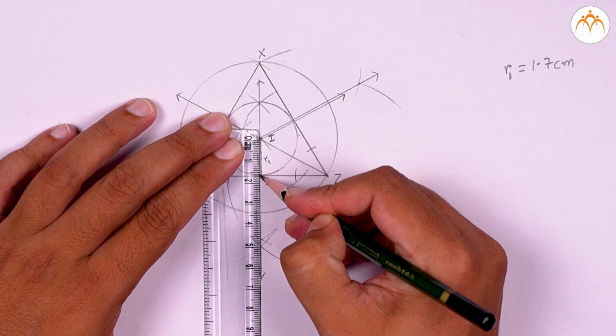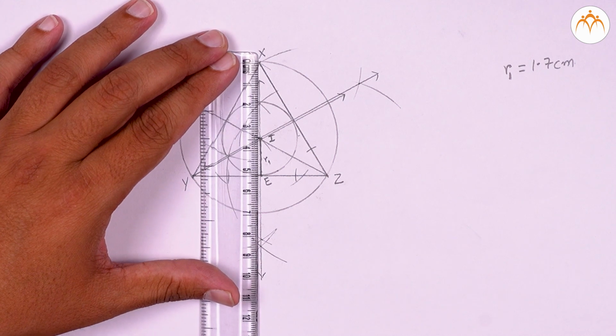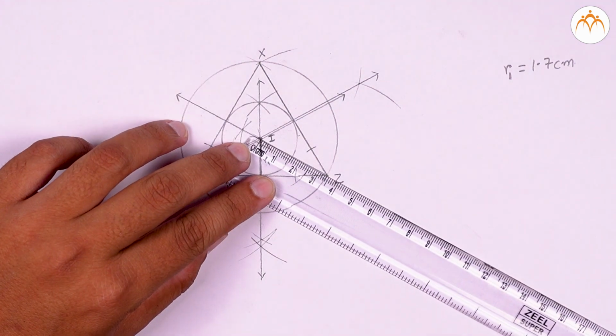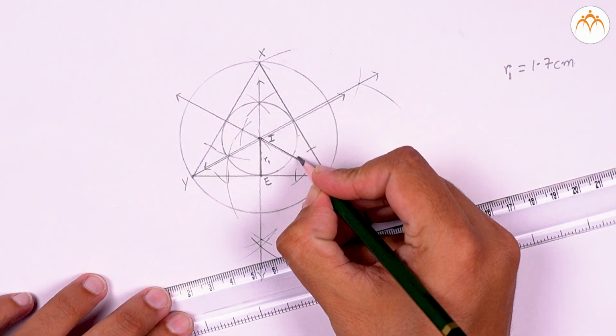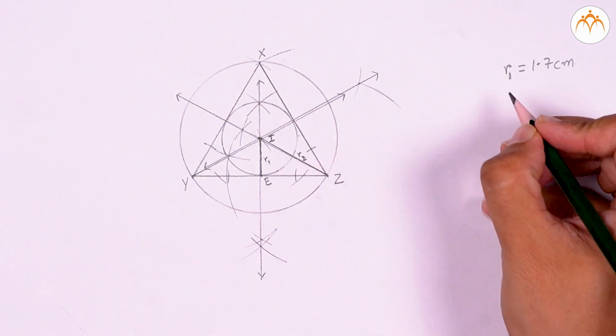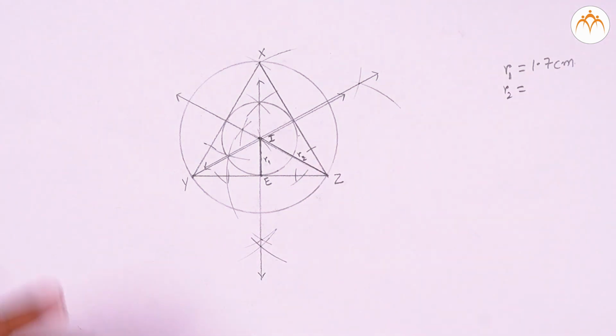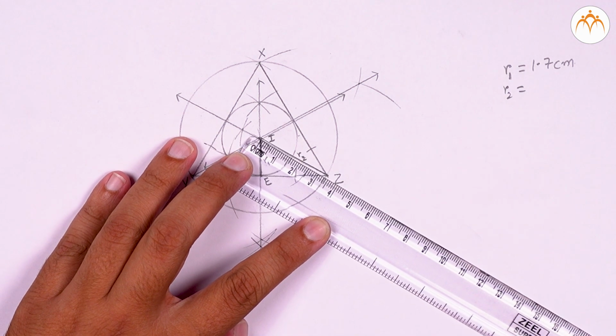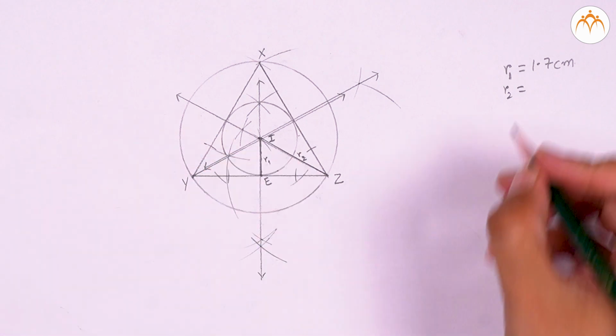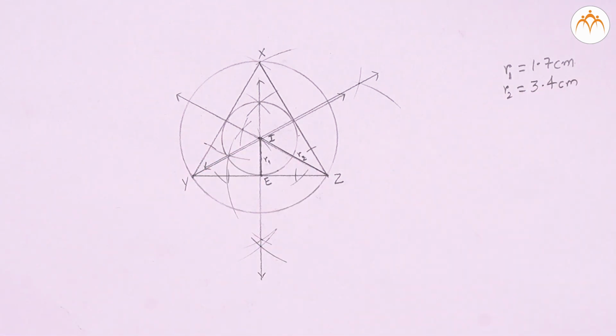Measure the circumradius R2 and calculate R1 is to R2. Let's take the ratio of R1 and R2.